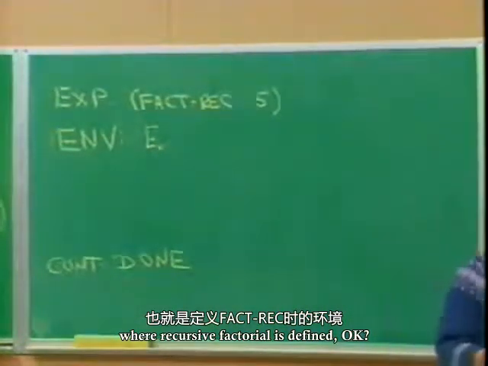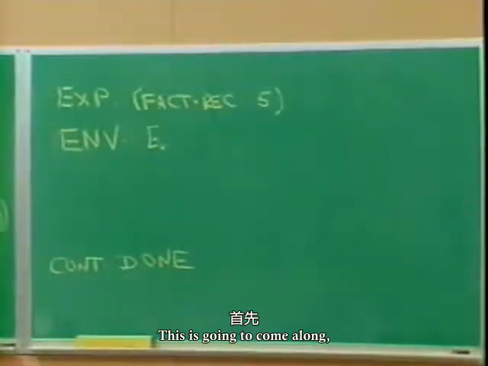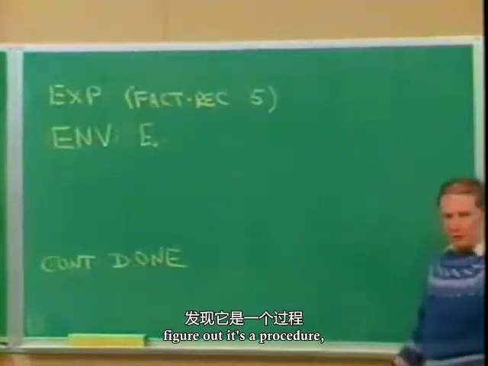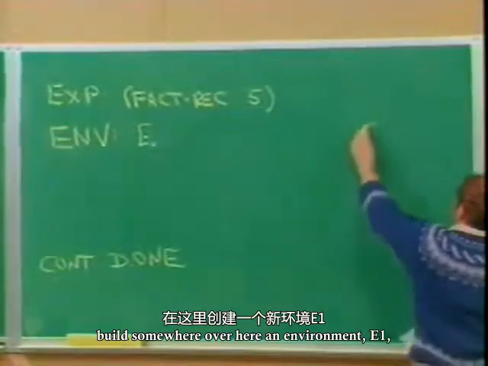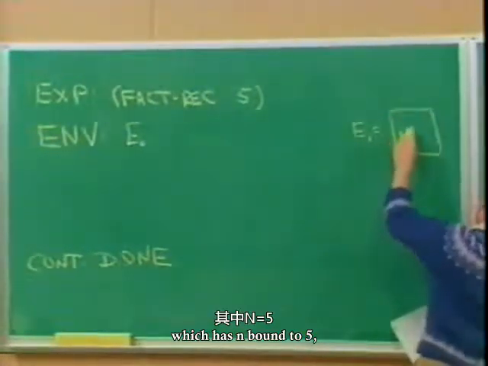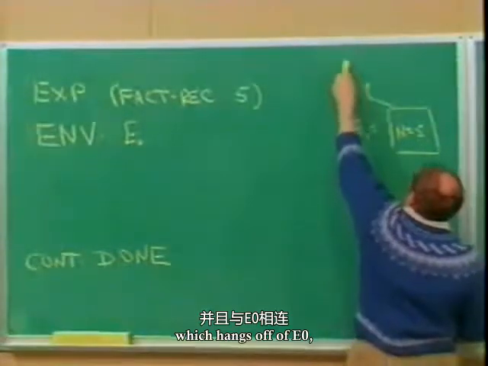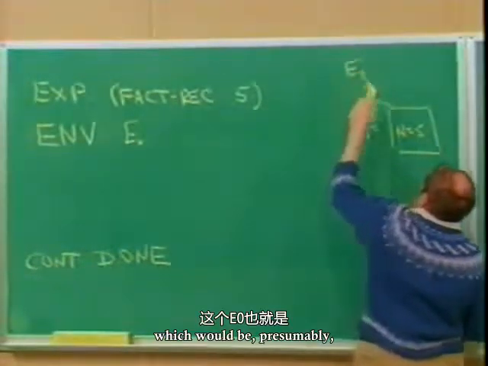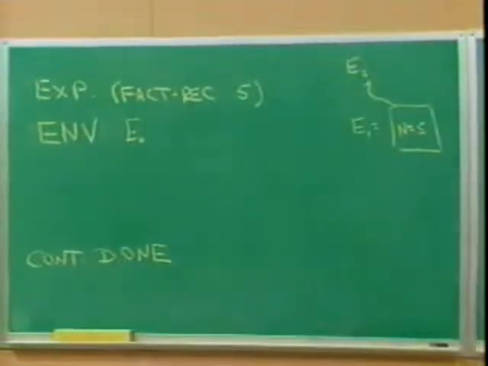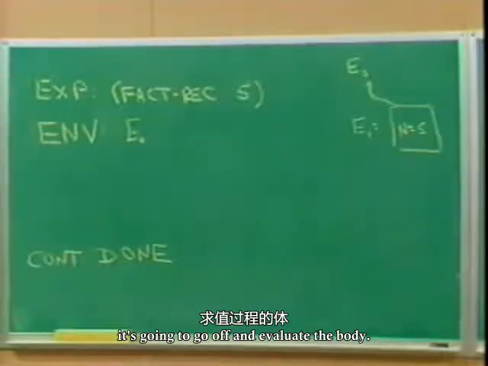Now we know what's eventually going to happen. It'll evaluate those things, figure out it's a procedure, build an environment E1, which has n down to 5, which hangs off of E0, presumably the definition environment of recursive factorial. And in this environment, it's going to go off and evaluate the body.